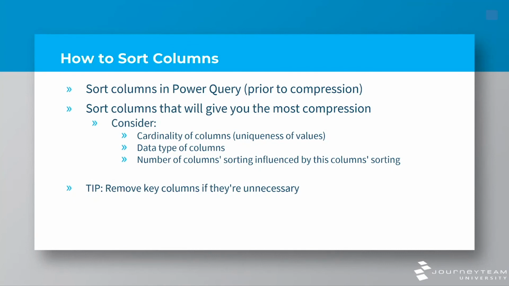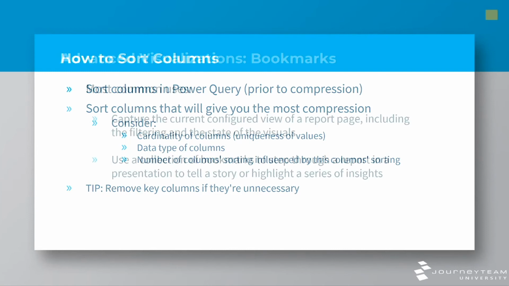Oftentimes people have a transaction key on the fact table which you're never going to reference. Keys are very, very hard to compress. Oftentimes keys are per row, so there are no repeating values and therefore no compression is available. Make sure you get rid of those columns if you don't need them.